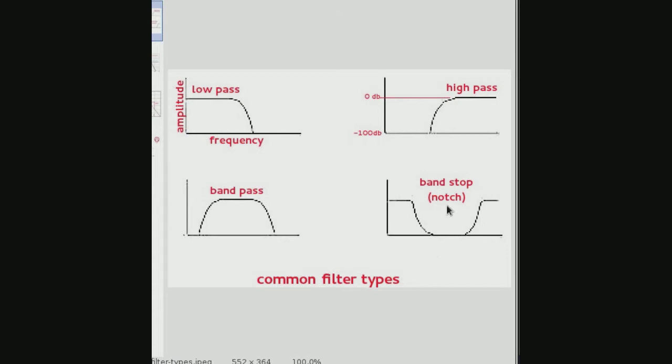Now, it should be kind of obvious that if I put a high pass and a low pass together, I can make a band pass or a band notch. And it's probably obvious that with any type of EQ, I can do the same thing. I could have an EQ set up where all the low frequencies were set at 0 dB and the high frequencies were really shut down.